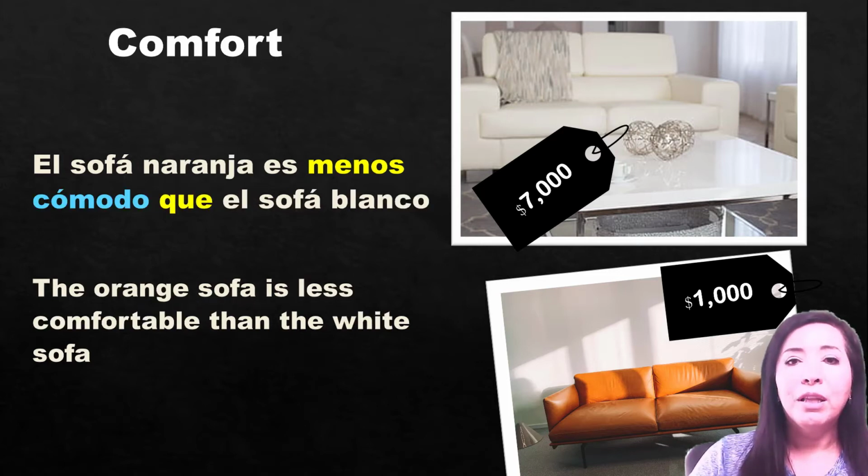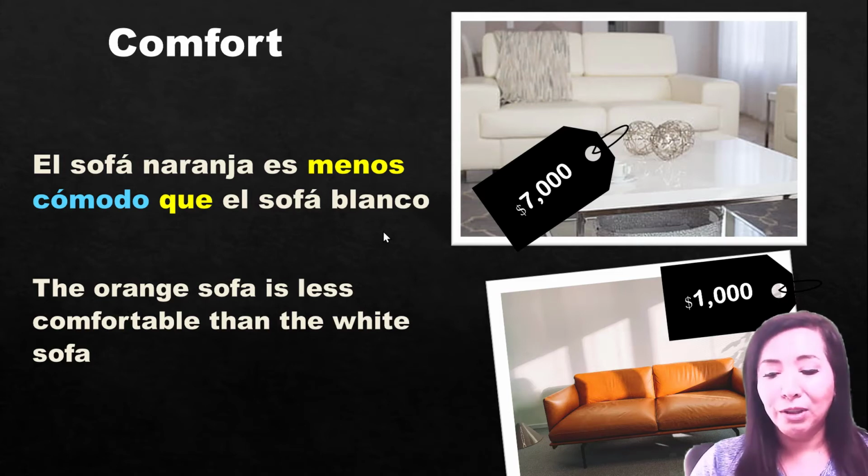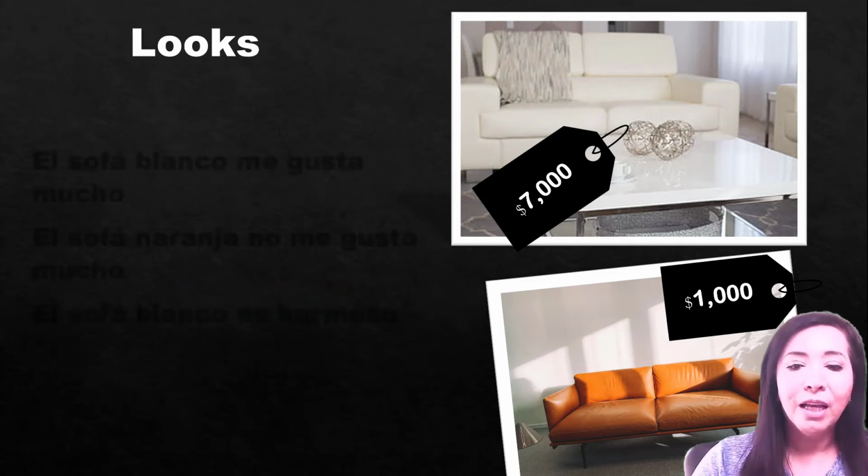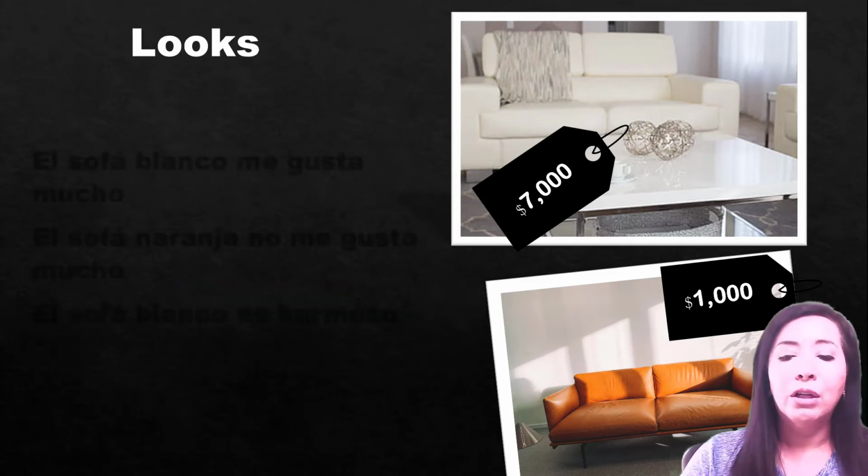What about an example with menos que? Let's talk about comfort. El sofá naranja es menos cómodo que el sofá blanco, less comfortable than the white sofa. At least that's what it looks like to me. What about the way that they look? Let's say that I like one of them better. By now you realize that I like the white sofa better.